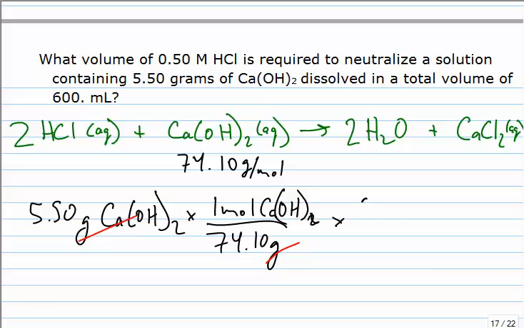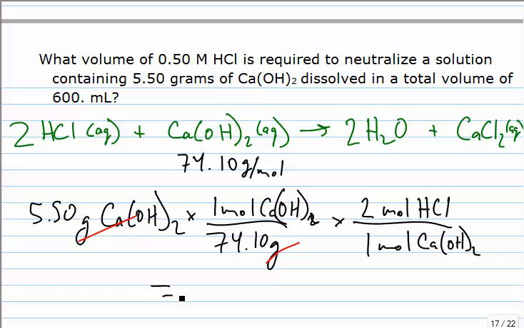So we need 2 moles of HCl for every 1 mole of calcium hydroxide. Okay, plugging that into our calculator, 5.5 divided by 74.1 times 2 tells us we need 0.148. I'm going to go to 4 sig figs here. 5 moles of HCl.